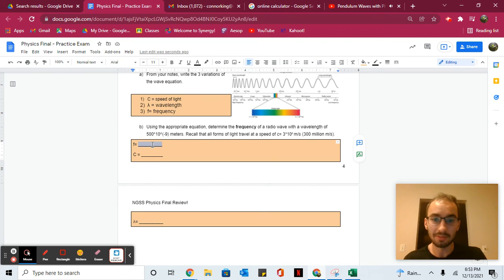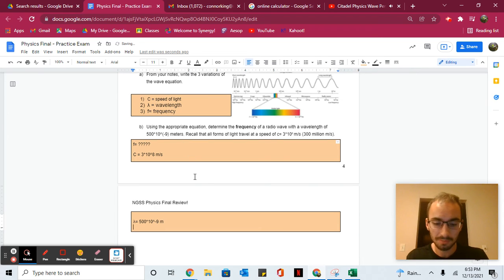Recall that all forms of light travel at the same speed. That's frequency, that's what I'm looking for. I know that the speed of light is 3 times 10 to the power of 8. And I know from the problem the wavelength is 500 times 10 to the power of negative 9. 500 nanometers.